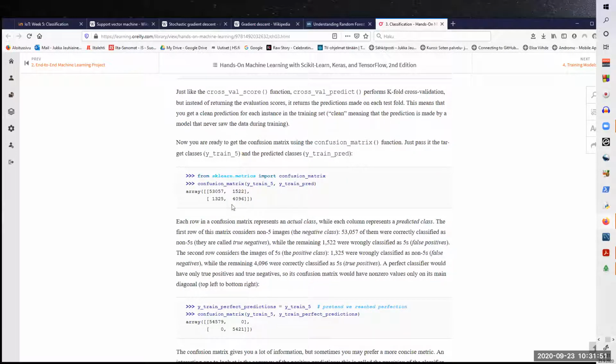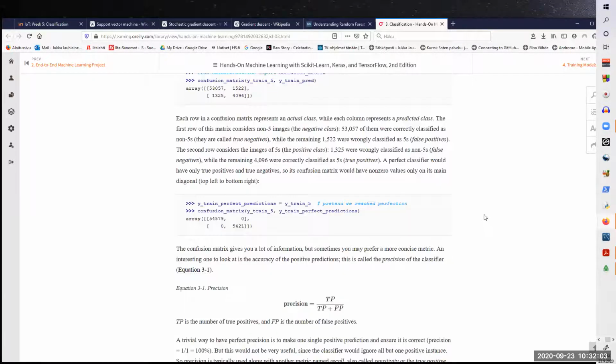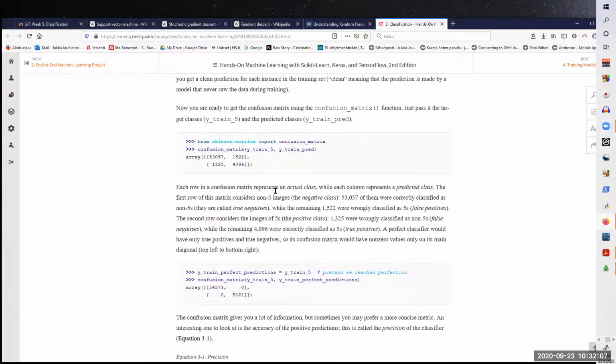For example, in this 2x2 confusion matrix, you have the true negatives here and true positives here. And we have the true values in rows and predicted values in columns.